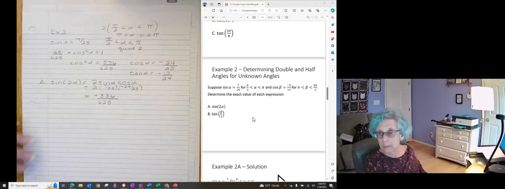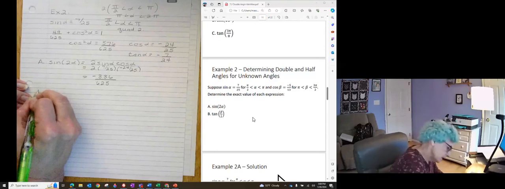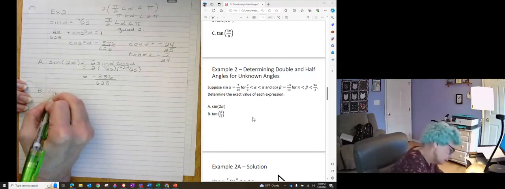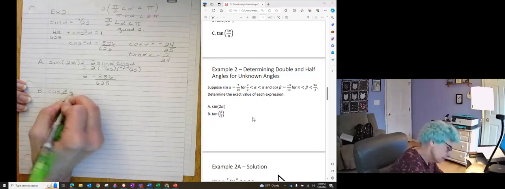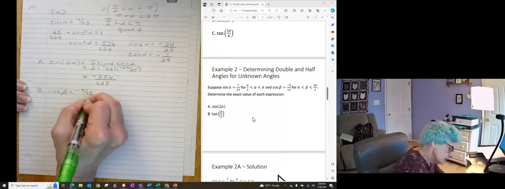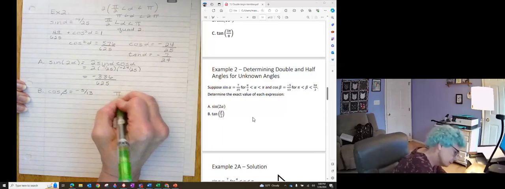Let's look at beta. We have beta, and cosine of beta is equal to negative 5 over 13, and beta lives in quadrant number 3.